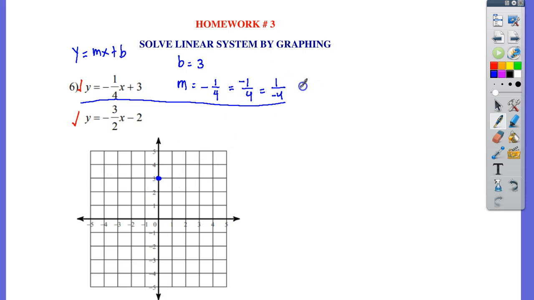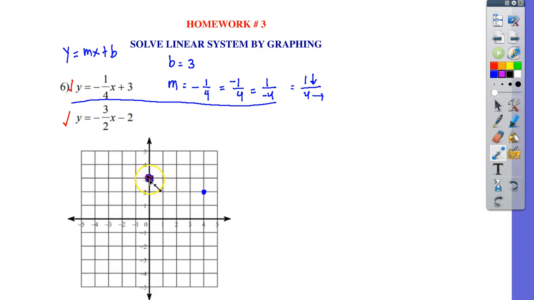So negative 1. So that means I'm going to go 1 down and then 4 to the right. So from here, 1 down, 4 to the right. 1, 2, 3, 4. That's my second point. I'm going to connect those points. That's the graph for equation number 1.